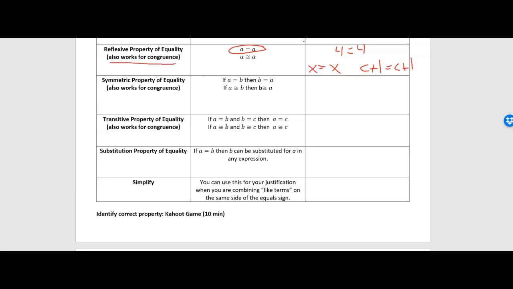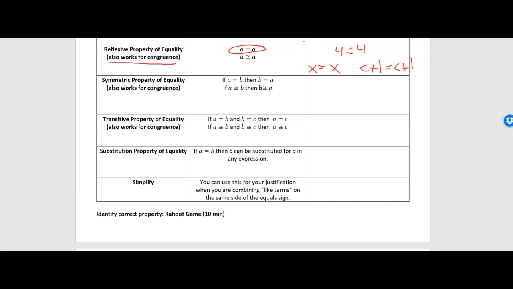So you could switch out the equal sign and swap it for a congruent symbol, and it's still the reflexive property. I know I think I've kind of hammered this home, but if it's the same exact thing on both sides, reflexive property.